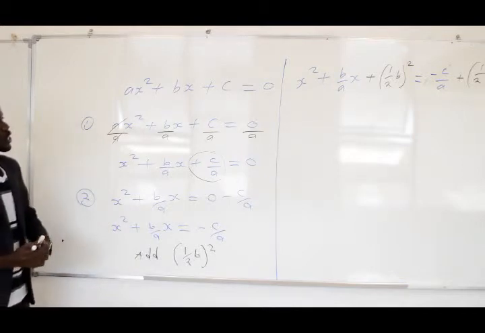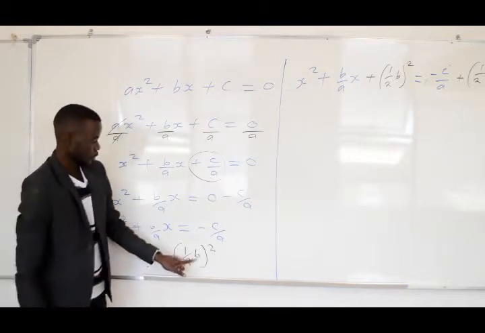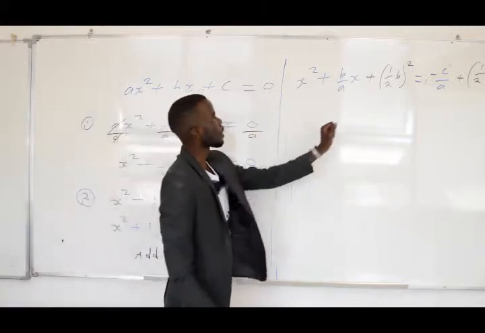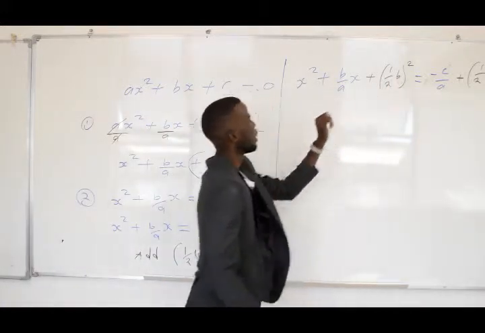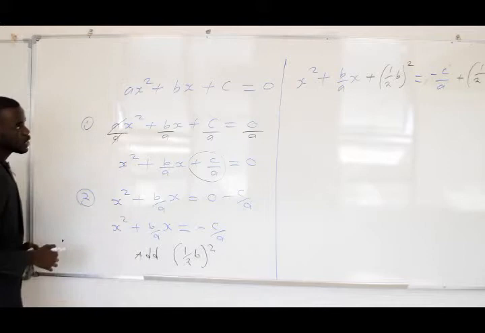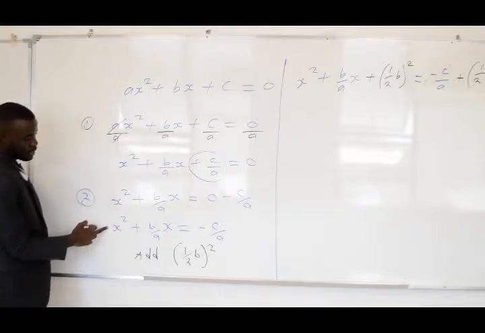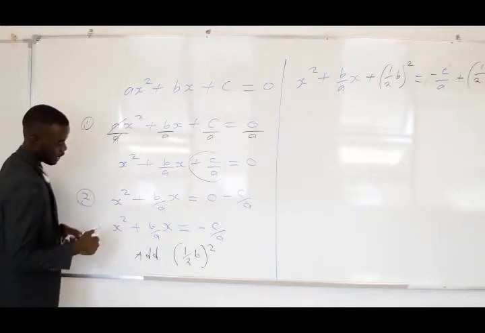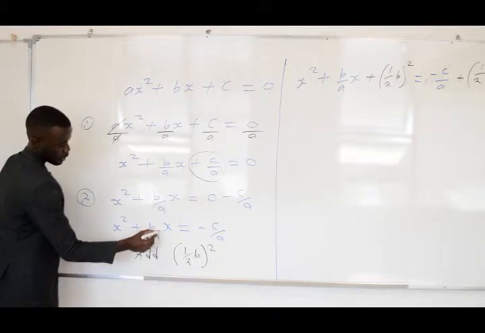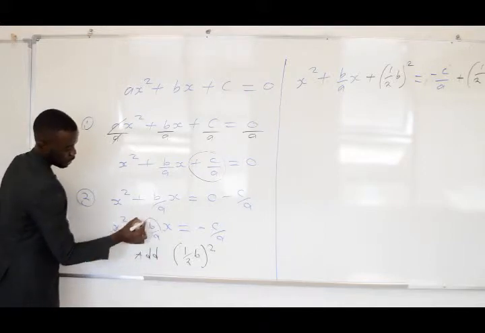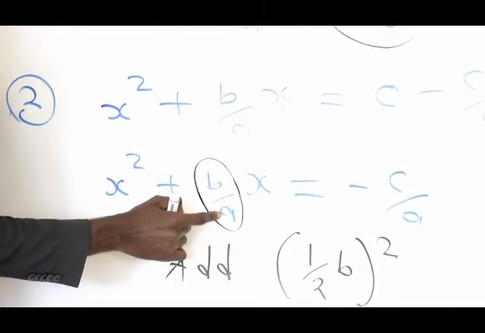So now, the question you should ask yourself is: what is the meaning of this b? Now, if you look at this equation the way it is, the value of a is a constant at this point. The value of b is this term which is here, so our value of b is b upon a.